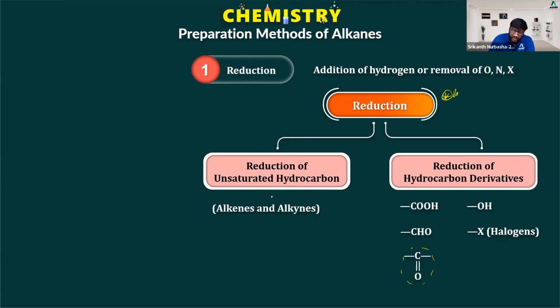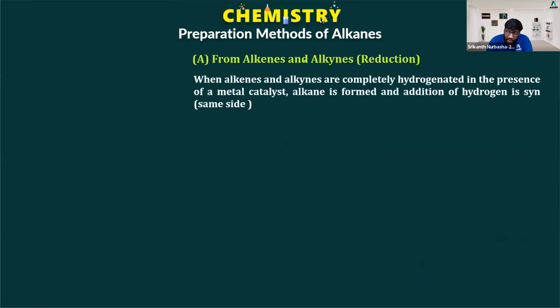First one is reduction of unsaturated hydrocarbons. Here adsorption will happen. Then reduction of hydrocarbon derivatives, COOH, OH, CHO, X, and C double bond O. So from alkenes and alkynes reduction, when alkenes and alkynes are completely hydrogenated in the presence of a metal catalyst, alkane is formed and addition of hydrogen is syn.